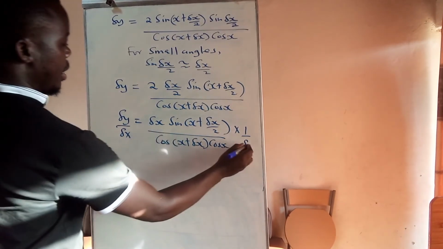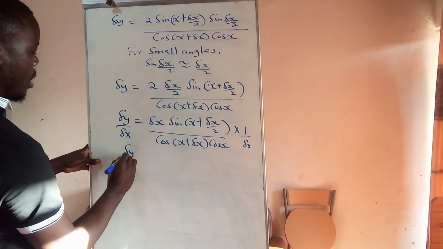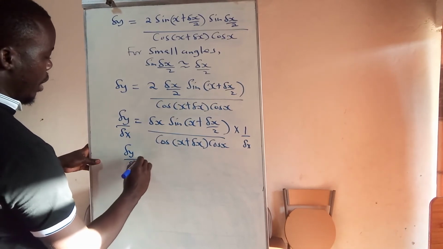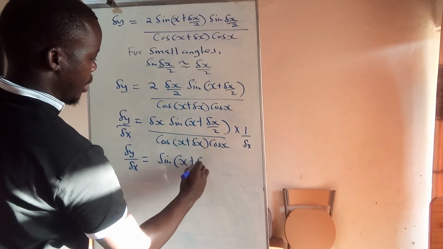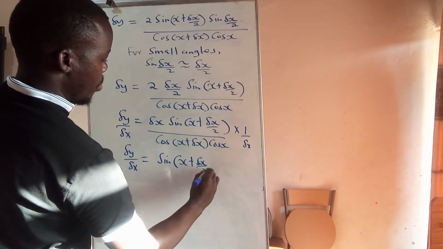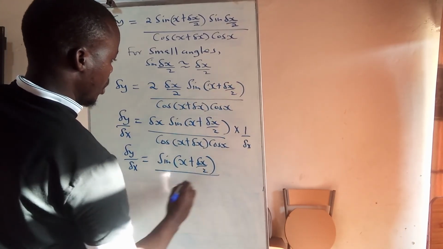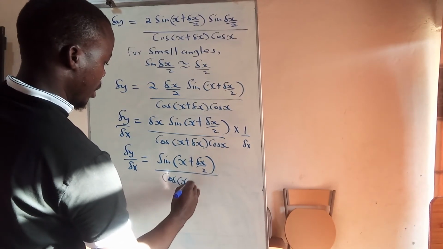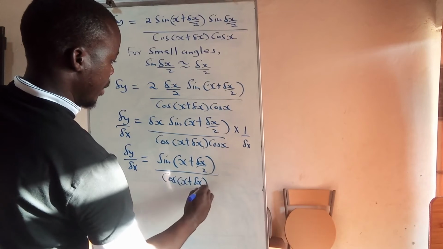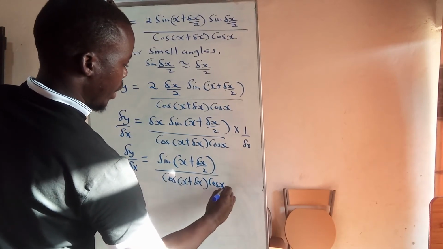So delta x and delta x can now cancel, so that we remain with delta y over delta x equals sine of x plus delta x divided by 2, all this divided by cos of x plus delta x, then cos of x.